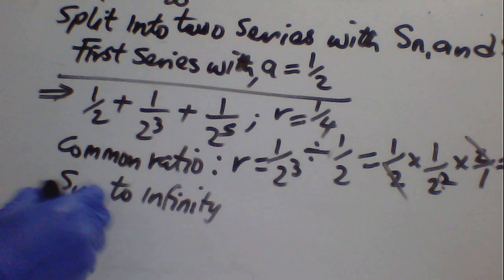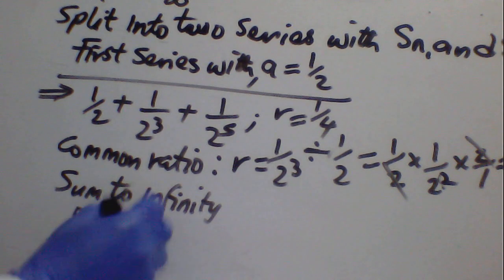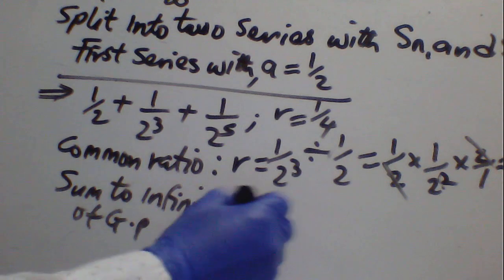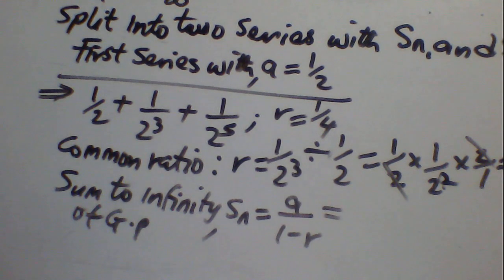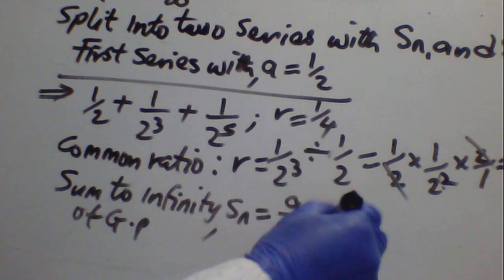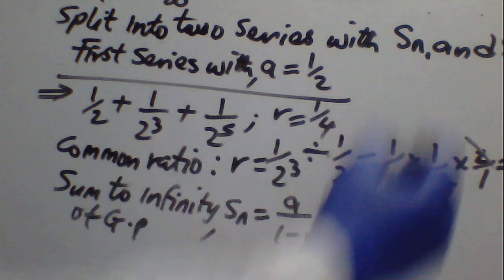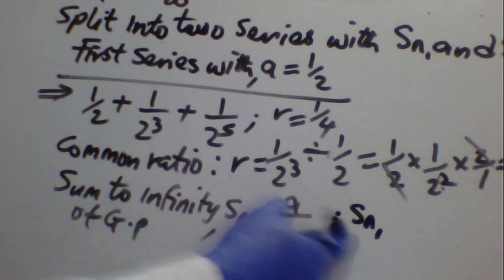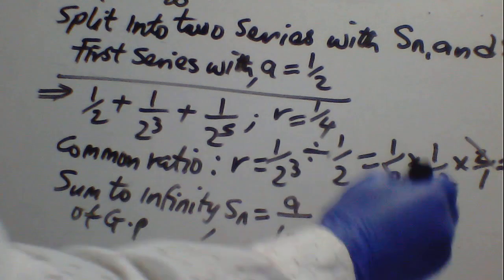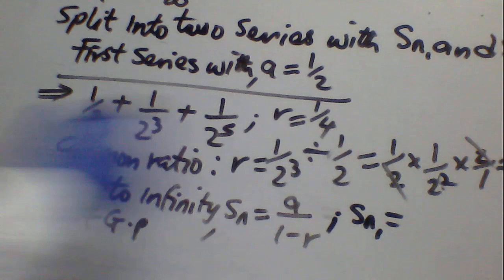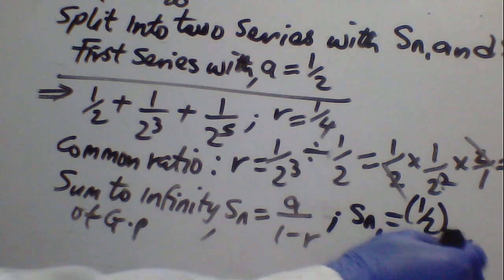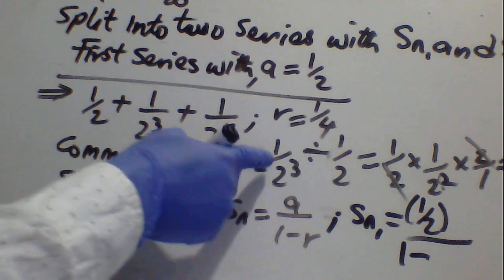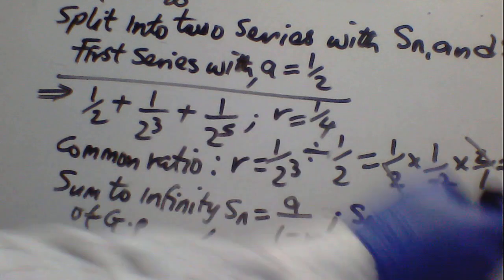Sn is equal to A over 1 minus R. So for Sn1 of this series, the first term is 1 over 2 divided by 1 minus the common ratio, 1 over 4.